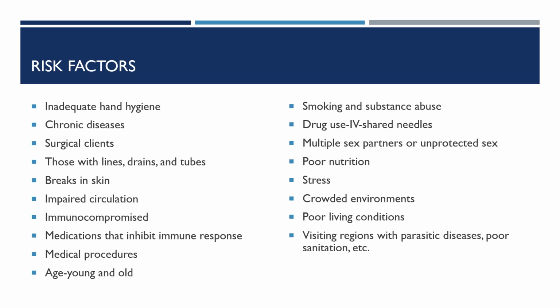So risk factors. These are all risk factors for infections. Inadequate hand hygiene, chronic diseases. What are some chronic diseases or just factors that could cause a host to be more susceptible to an infection? It could be their developmental stage.